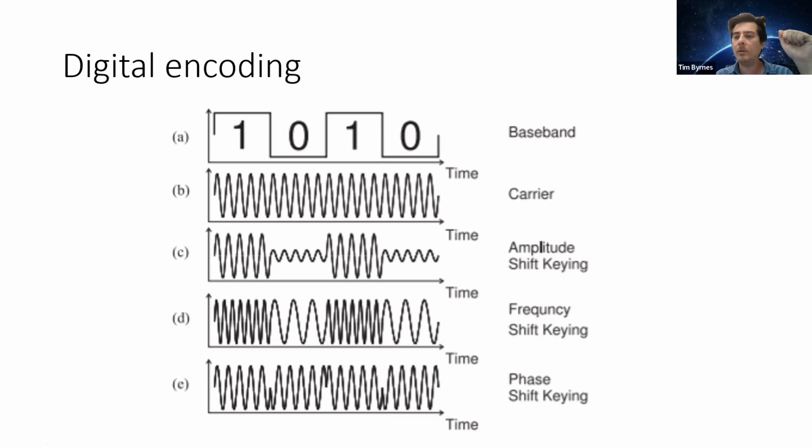Here the phase basically means which cycle of the wave you're actually in. You can see here that for the one encoding, this is the block for the one. For all the ones, at this initial point here, the wave initially goes up, and then down, up, down, up, down, up, down.